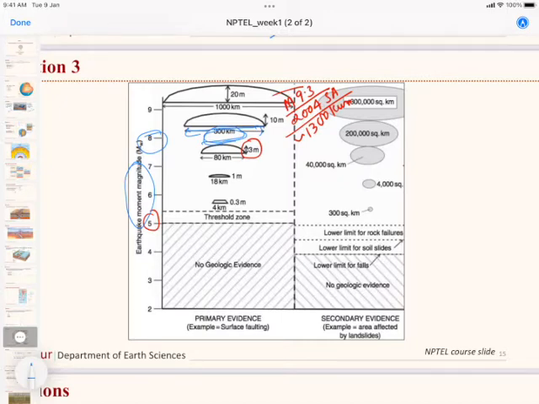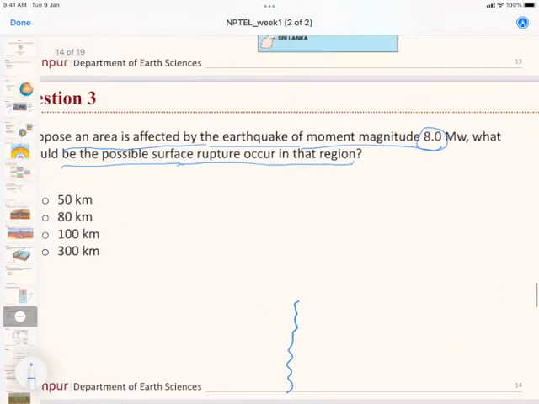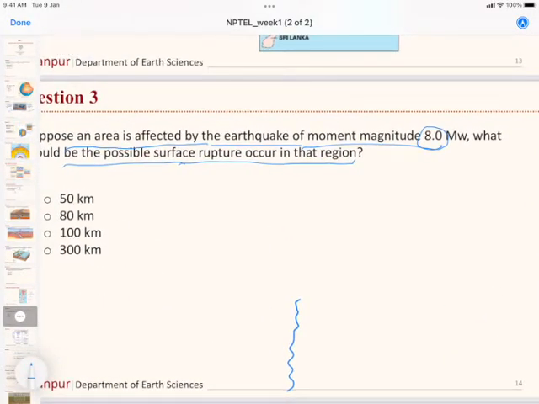But in general, here we have very limited information, because we are given only the moment magnitude. But what if lots of information is given and you want to precisely calculate what the surface rupture would be?